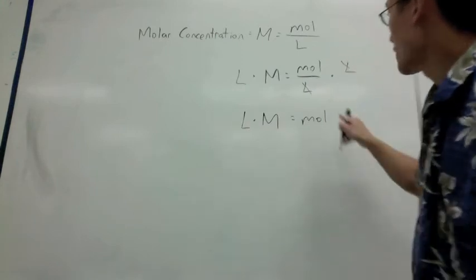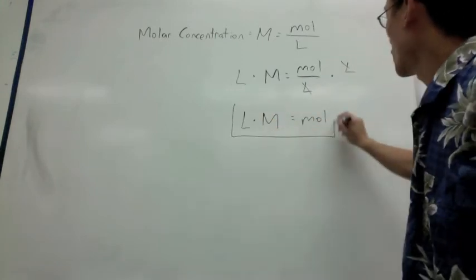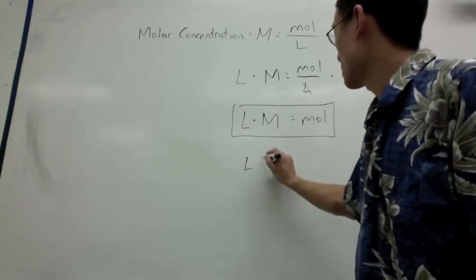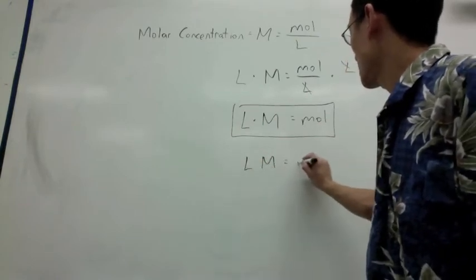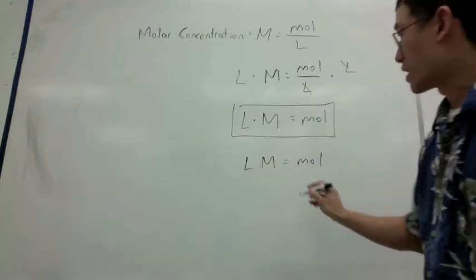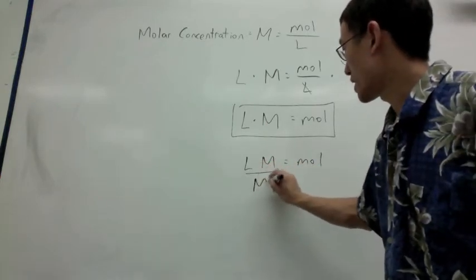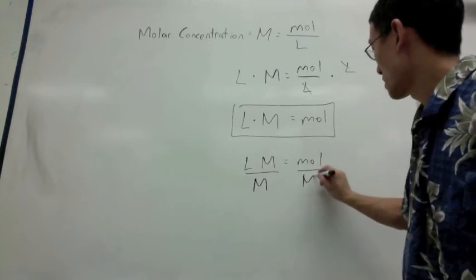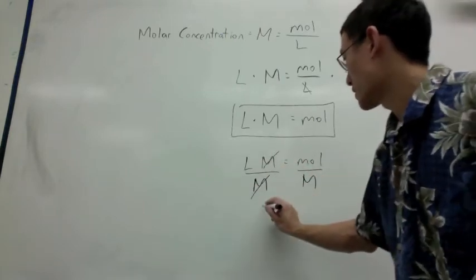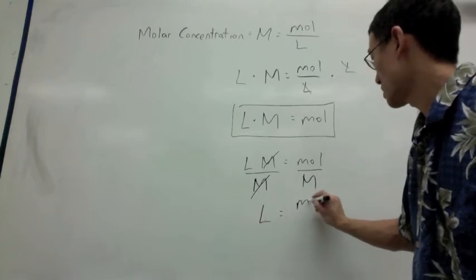Likewise, if you have liters times molarity and you want to find liters by itself, then you can divide both sides by molarity. This side cancels out, and now you're left with liters equals.